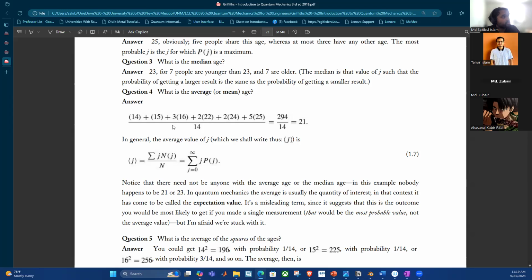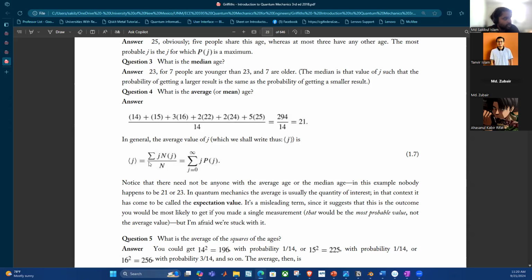Okay, so here we can see that the numerator is the summation over the total ages. What we are getting is the age J, where J is the variable age, multiplied by the number of people that have that particular age.